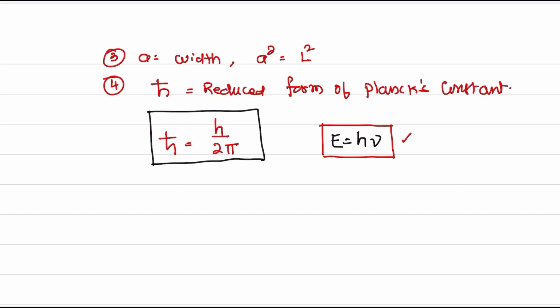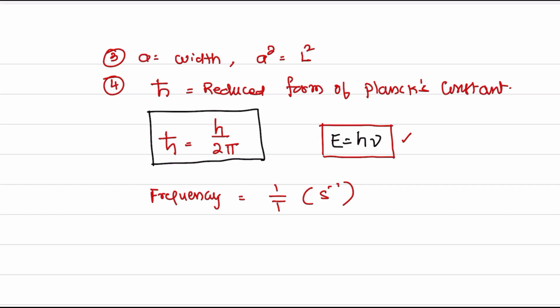What are the units of frequency? Frequency dimension is equal to 1 by T, that is per second.